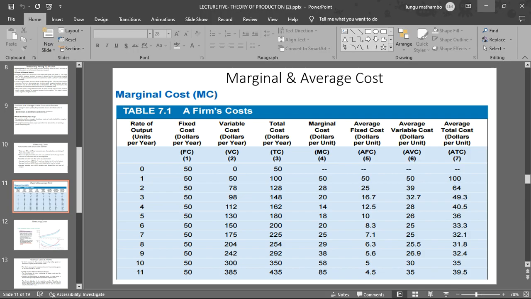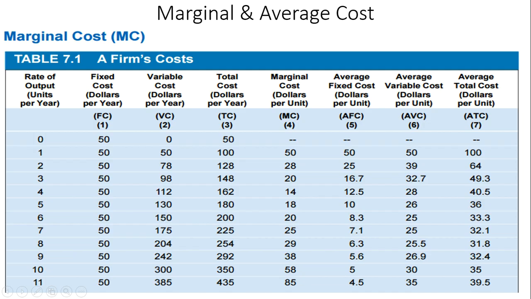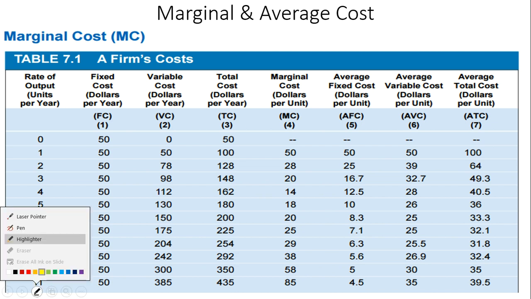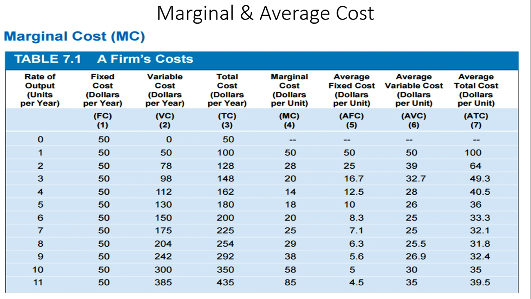Now, Mr. Lungu, before you continue, which figures are we given before we start calculating this? Or will they just be in question form and we have to formulate all these things? No. What they will do is, for instance, they will give you this column for output because they know that it's irrelevant.